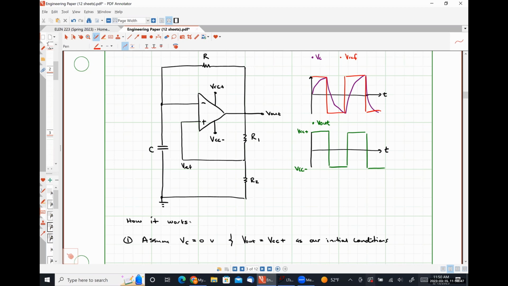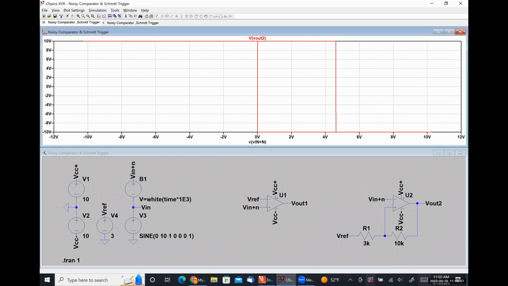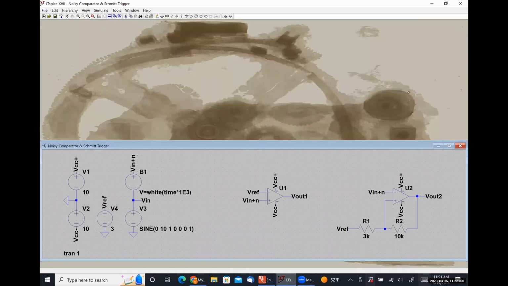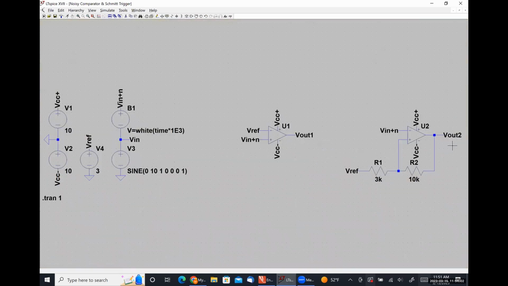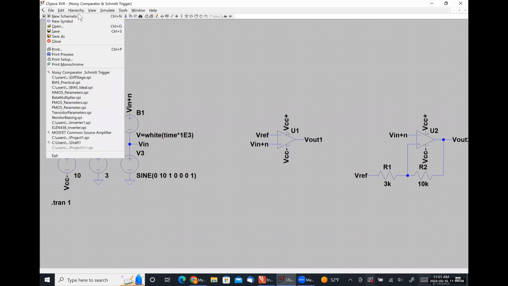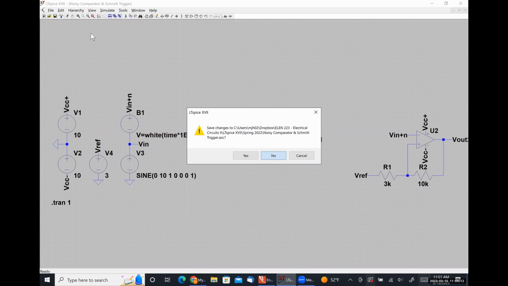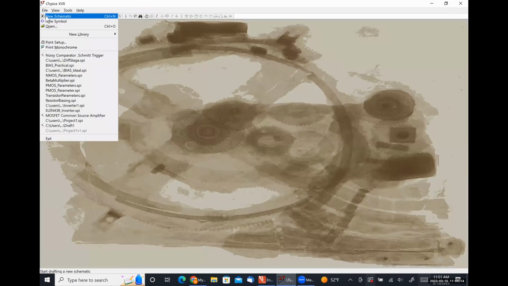So let's simulate it. This one is a wonky circuit. I have no doubts that you guys are like, he's pulling this out of his ass. So let's at least partially prove that I'm not. Let's just make a whole new thing here. Let's move that.